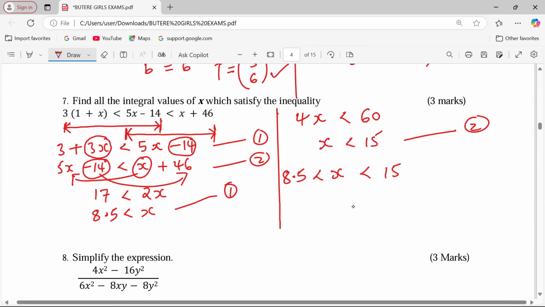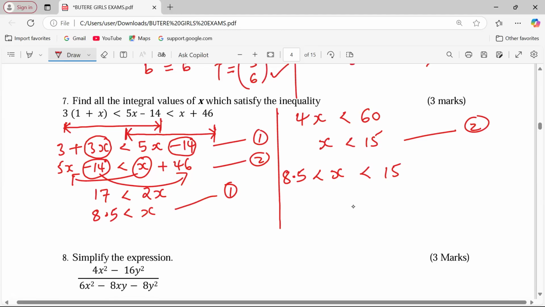So we have the values of x running from 8.5 all the way to 15. So we can state integral values between 8.5 and 15.